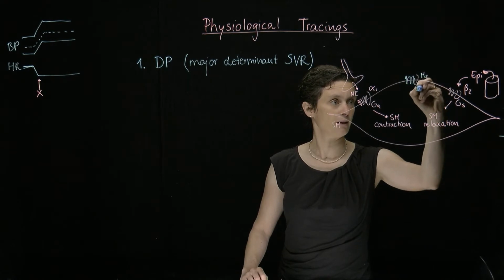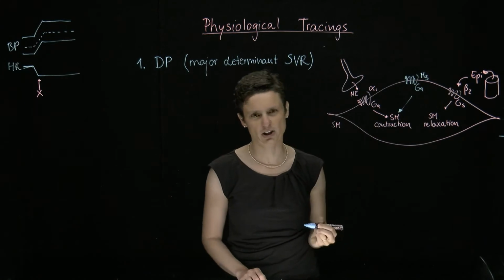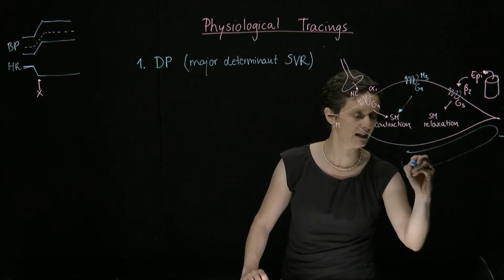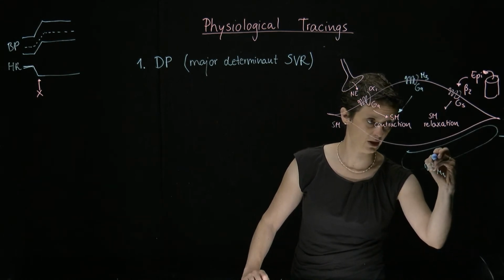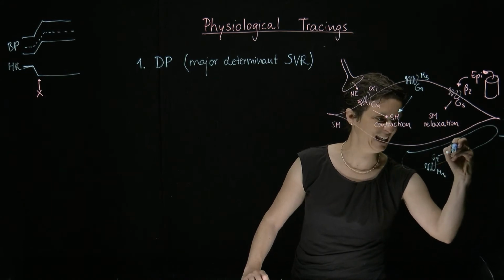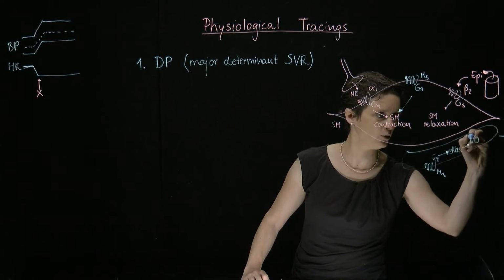The M3 receptor is also Gq coupled and therefore will also lead to smooth muscle contraction. But remember, we also have M3 receptors on the endothelial cells. They're also Gq coupled, but when you stimulate them, this leads to the induction of eNOS, endothelial NO synthase, and you're going to get NO, the gas.